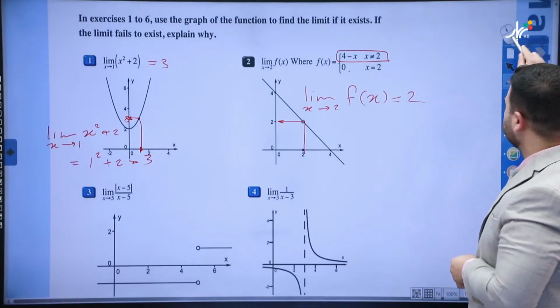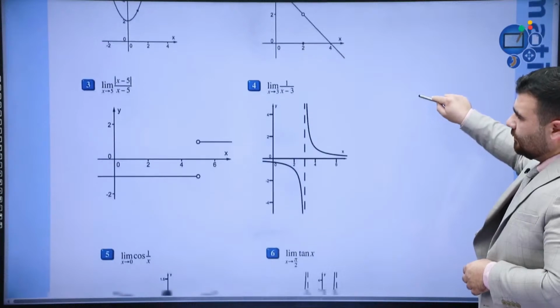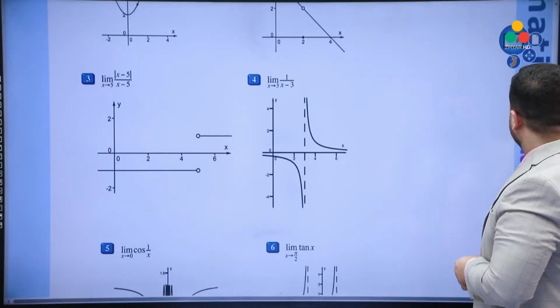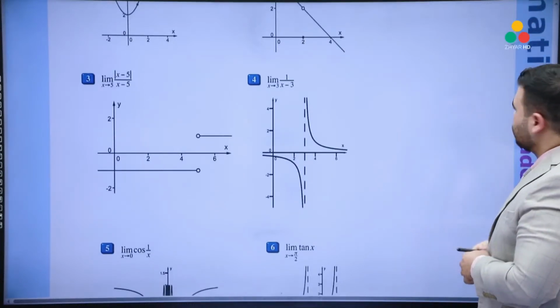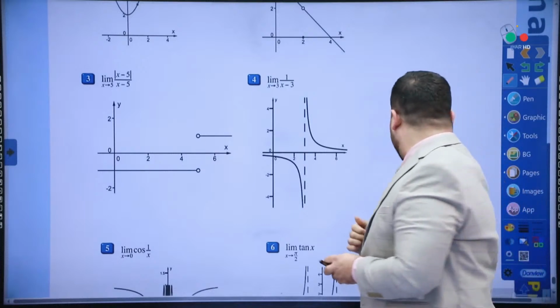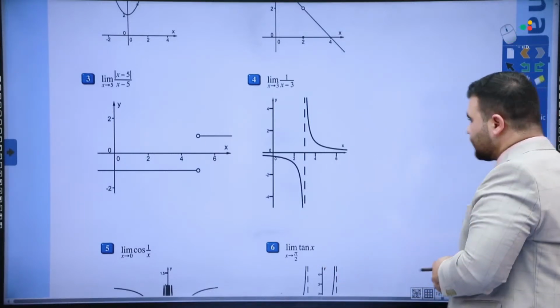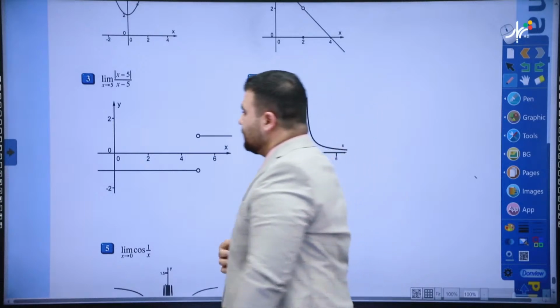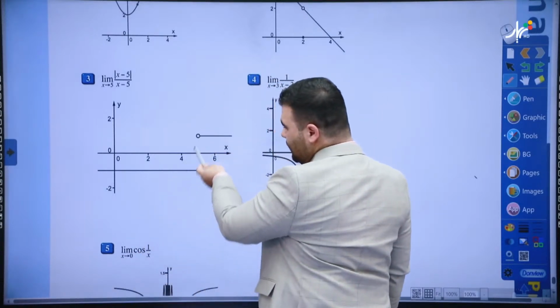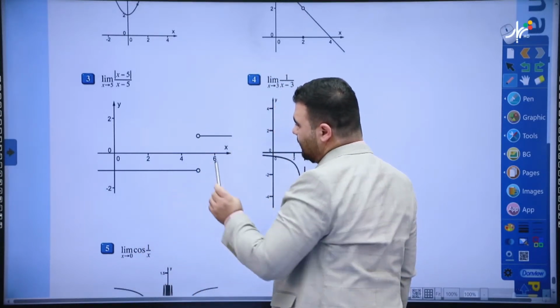Question 3. This graph is broken. It's two pieces. One piece is here, one piece is here.